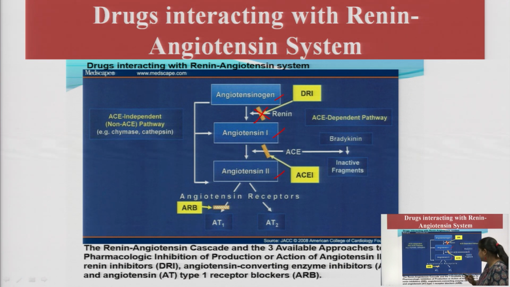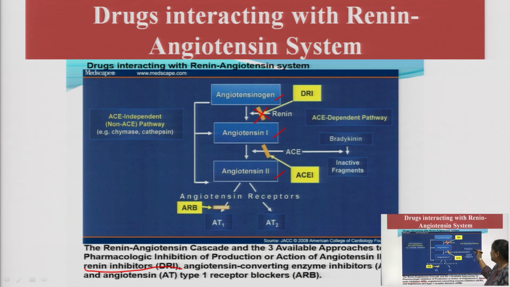What are DRIs here? DRIs are direct renin inhibitors. That means we need to inhibit the renin system here. Then in the second part, the conversion of angiotensin 1 into angiotensin 2, what happens here?